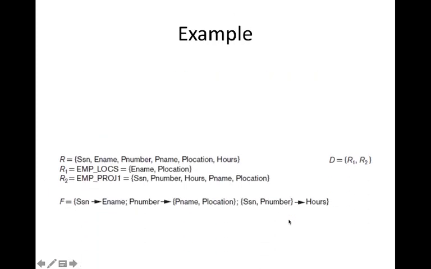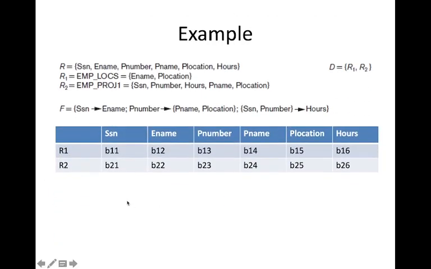So if you see this, we have to check each row. We check R1, and in R1 we take each column and check. In R1 we have E name and P location. So these two attributes are present in R1.